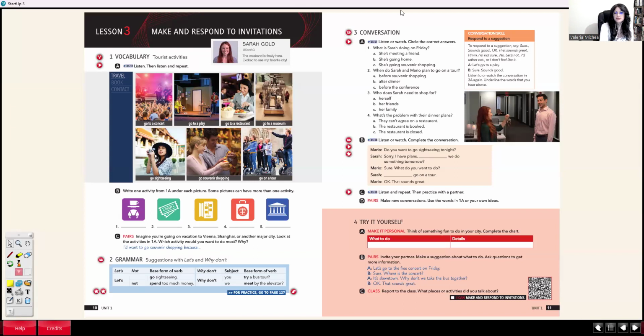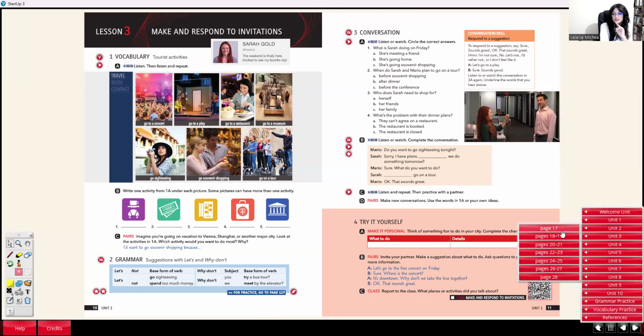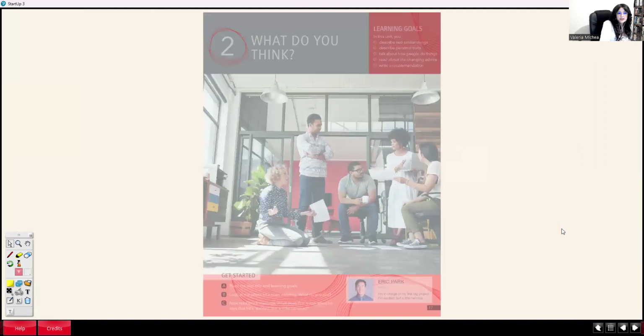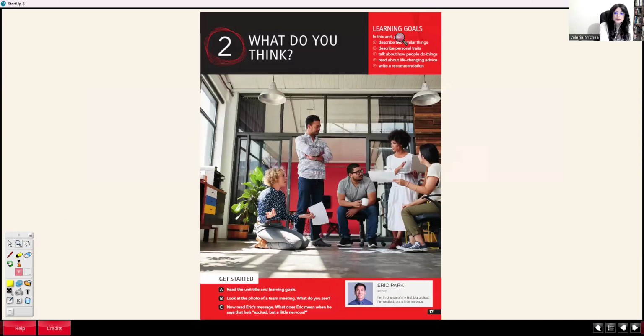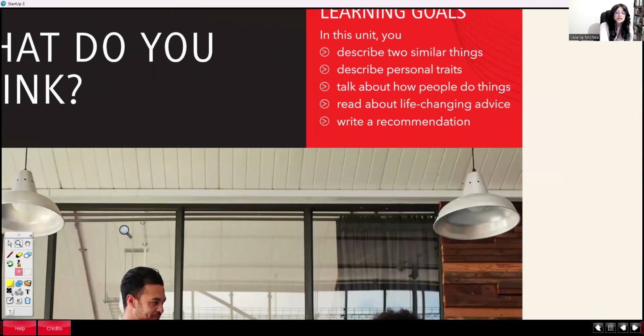I was planning on moving on to the next unit. Let me go there right away because this is a short unit. So let's go to the next unit, which is unit 2. In this unit, we are going to talk about descriptions.